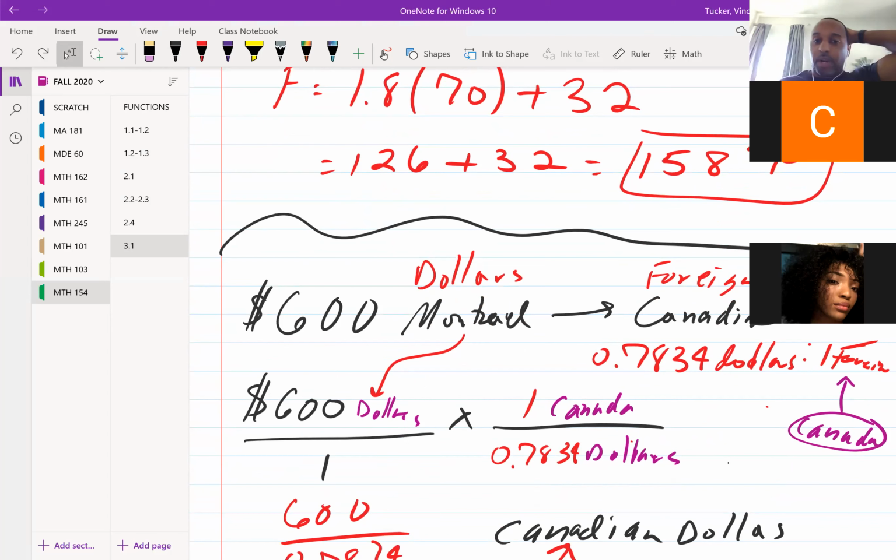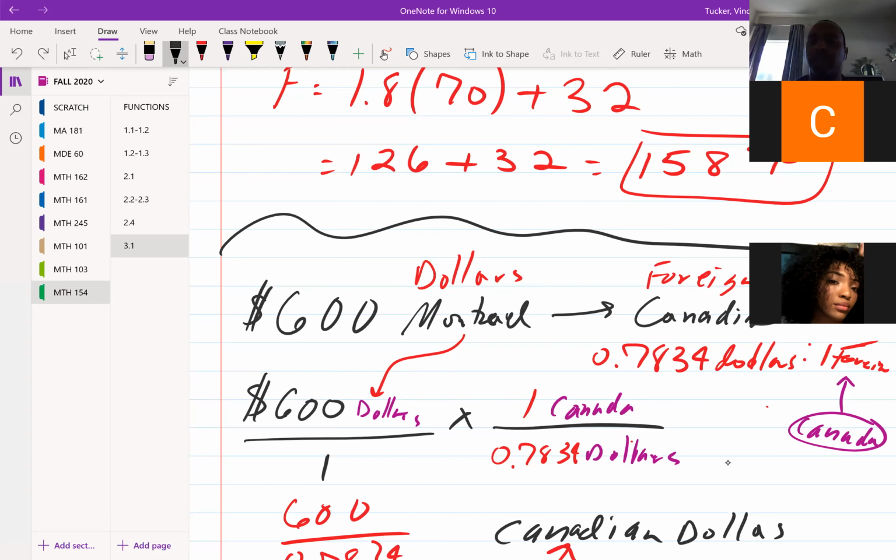From what I was pulling from the chart, initially I got it backwards. The dollars that they're referring to is the dollars that you come in with, and the foreign is the one that you're converting it to. So when I was going from Montreal to Canadian dollars, the foreign that they're referring to is the Canadian.